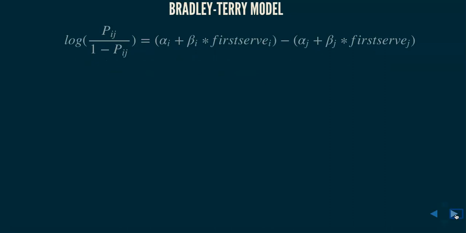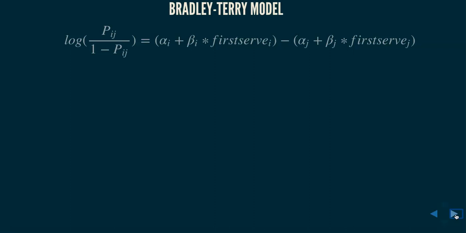So this is the model that we decided to use for our project. It's called the Bradley-Terry model, and it's specific to player-opponent matchups. So all the terms with I relate to player I, and all the terms with J relate to player J. And this returns a predicted probability that player I will beat player J given each player's first serve percentage.